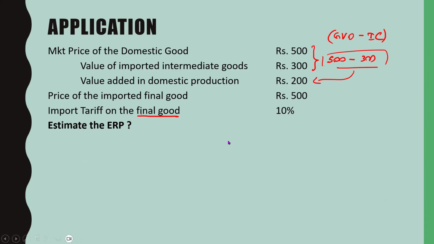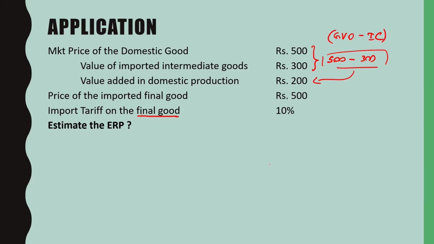Anyway, the first requirement is what? The only requirement is to estimate the effective rate of protection, ERP. Can you guys give it a try? You have space on page 26, but write the formula first.